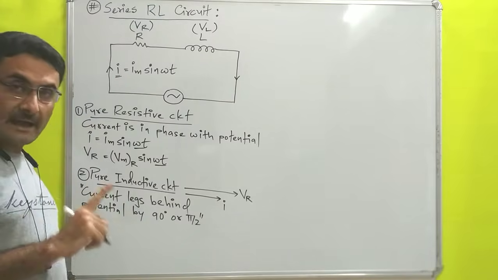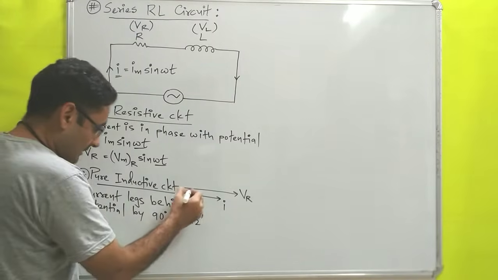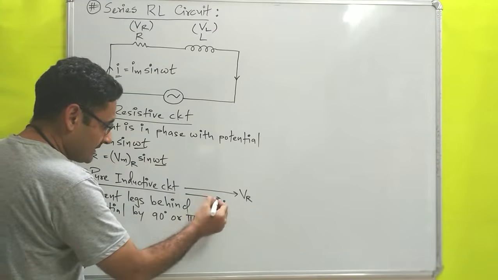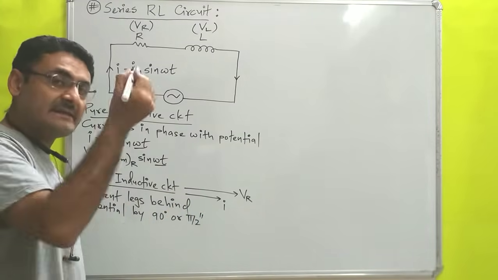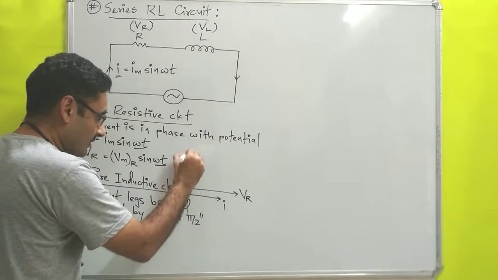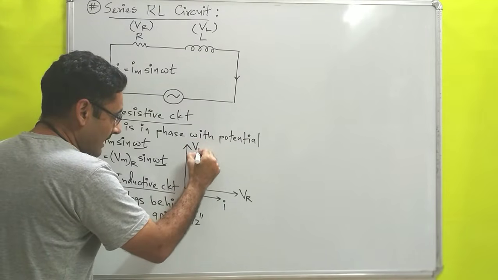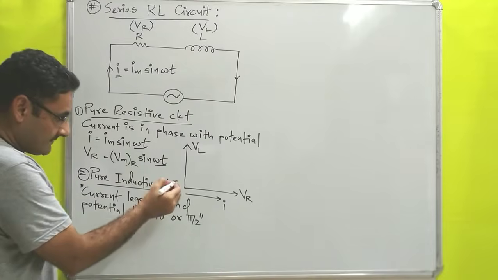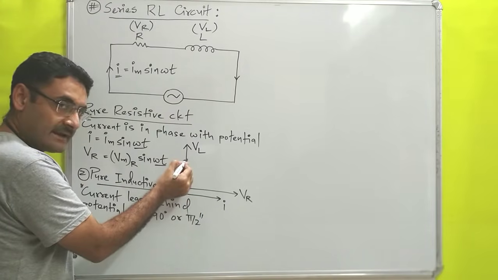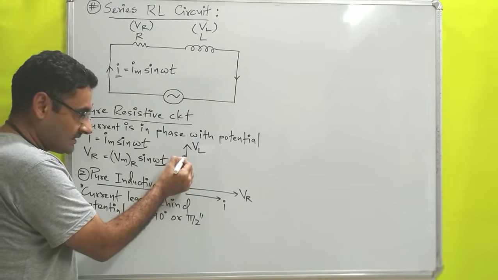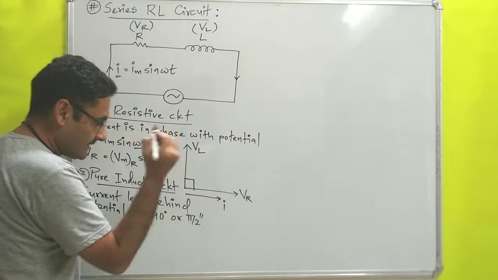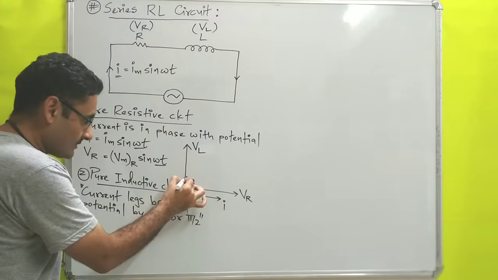We can draw the diagram for that also. Current lags behind the potential, which means potential leads the current, so I will draw the arrow like this. That is for VL. So current lags behind the potential, or the potential leads the current, by 90 degrees, or pi by 2.